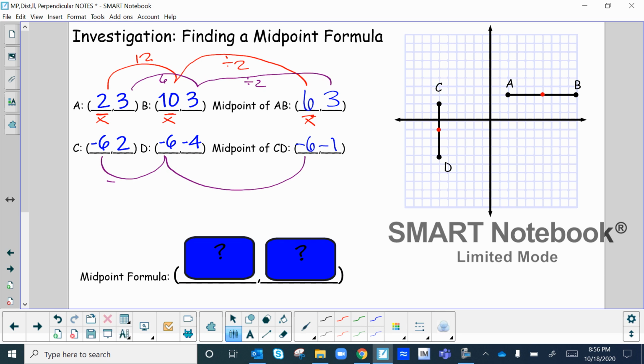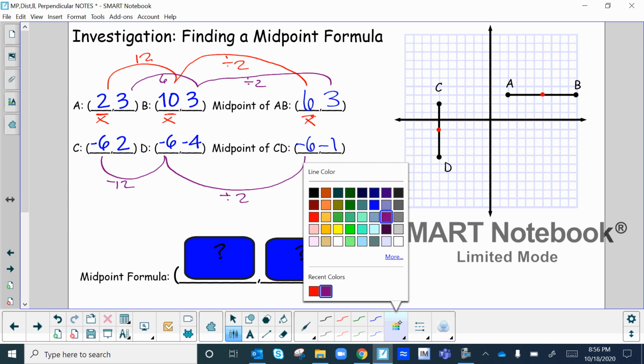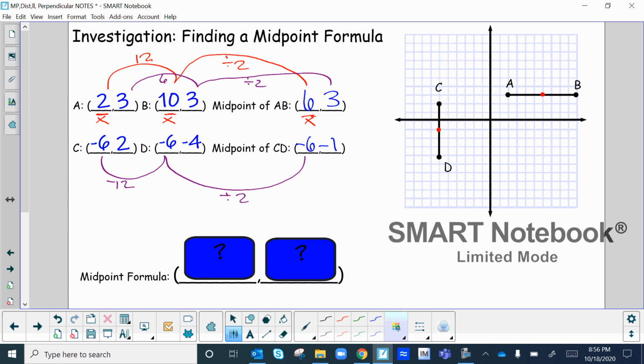When we take that -12 and divide by 2, we get -6 as well. And let's make sure that works for the other two coordinates. 2 plus -4, does that give us a -1? So 2 plus -4 is -2. -2 divided by 2 is -1. So see that pattern is occurring for all of those coordinates.